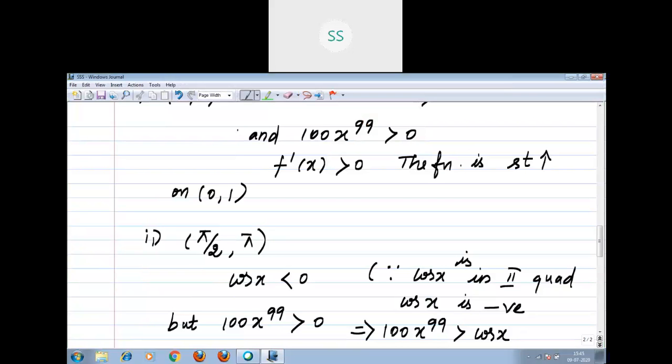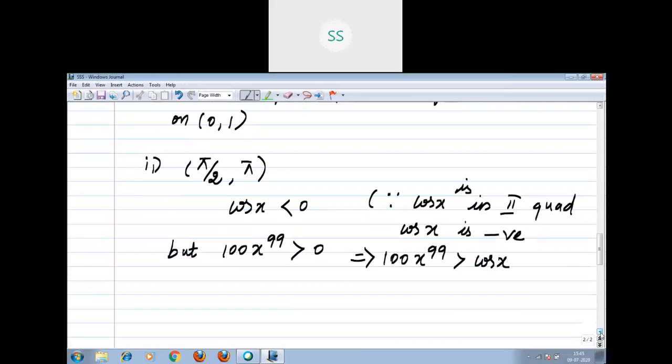You have to compare the things here. Cos is negative, but the first part is positive. Suppose you assign cos 30 degrees, 1 by 2, right? Cos 120 degrees you will get as minus 1 by 2. But 100 into x power 99 is greater than 0. So what is your conclusion here? F dash of x is greater than 0.